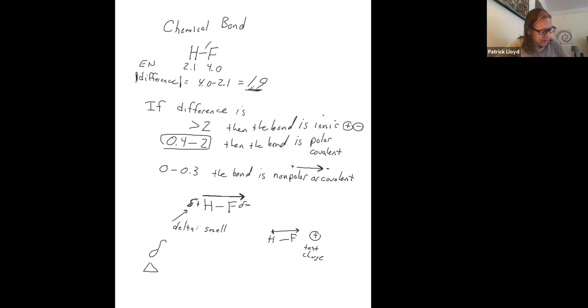Well, clearly these are valence electrons right there. So really what's happening is those electrons are spending more of their time over here than they are over here. So what that does is it exposes the nucleus here, so you develop a small positive charge. The extra electron density that comes from those two electrons gives you a small negative charge.